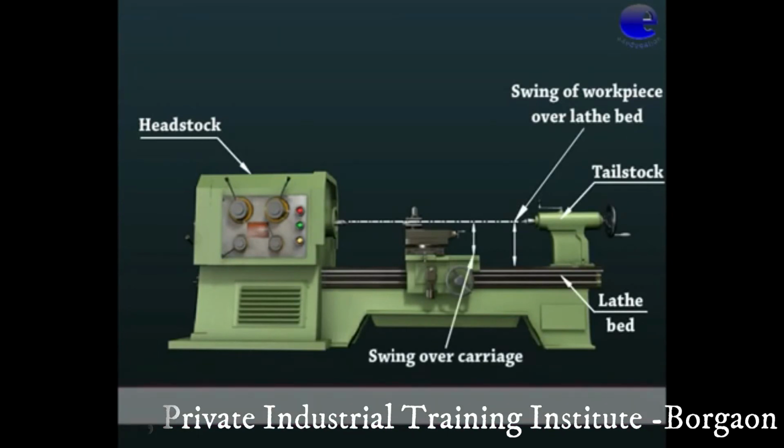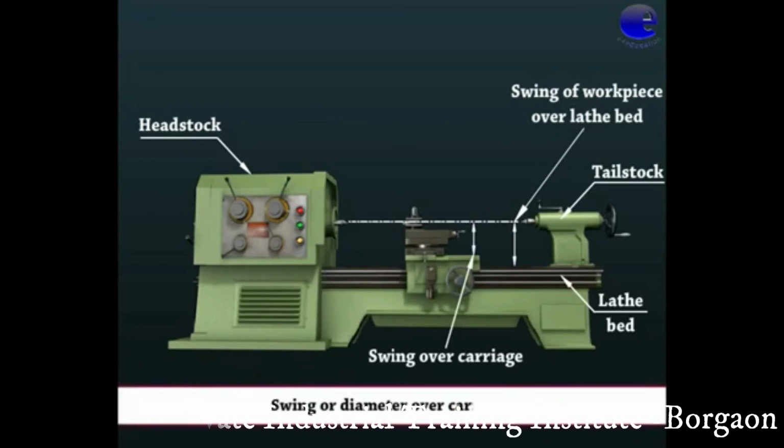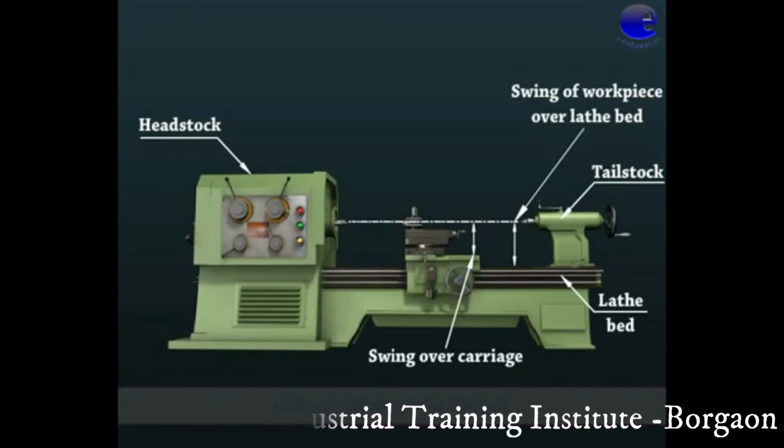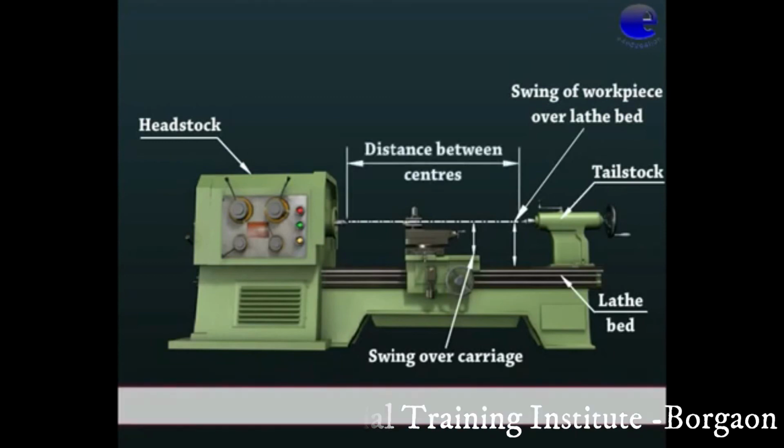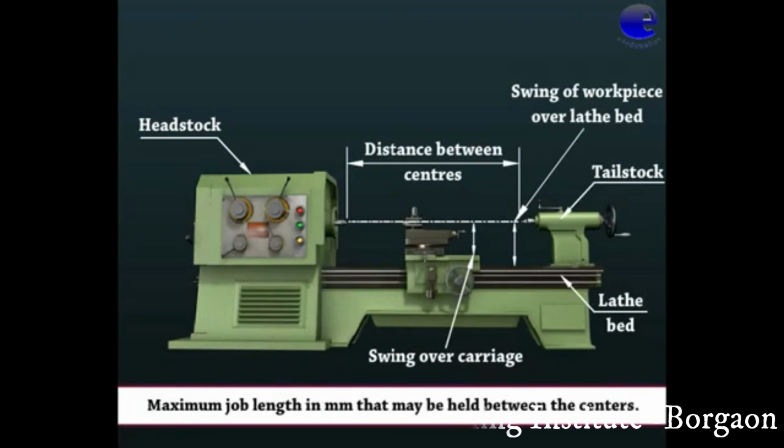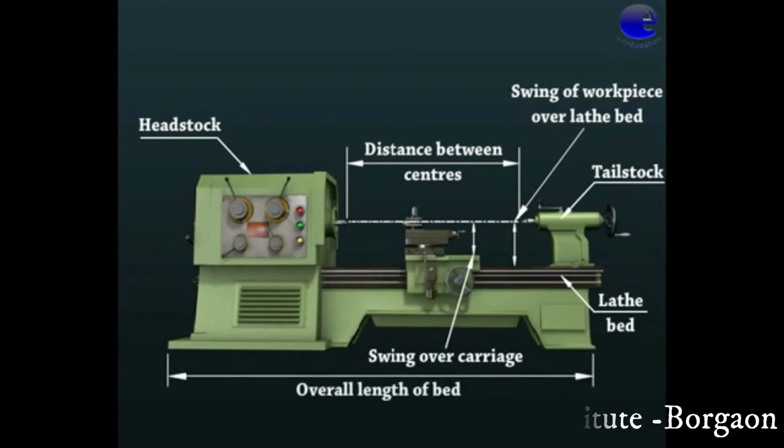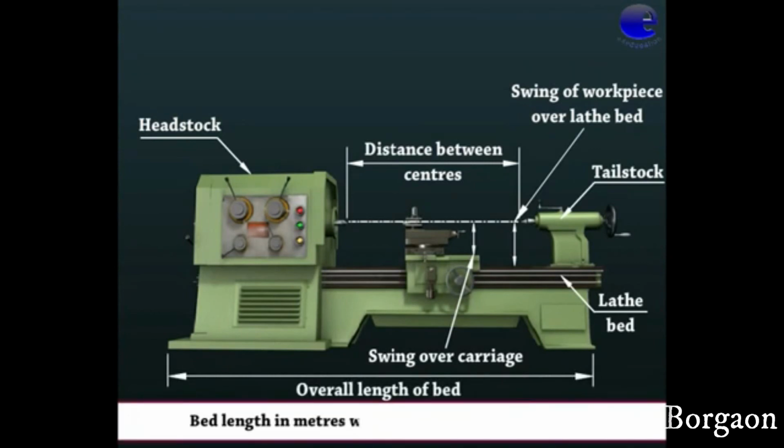Swing over the carriage, or diameter over carriage. Distance between centers, the maximum job length in millimeters that may be held between the centers. Overall length of bed, the bed length in meters which includes headstock length.